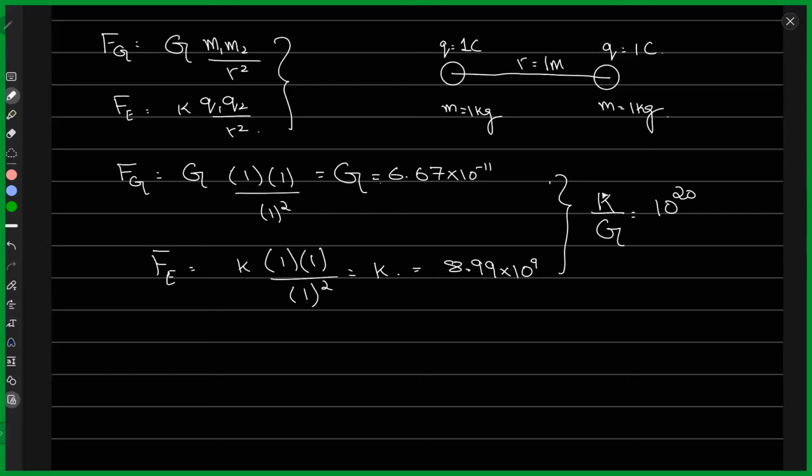That means that the electrical force is 10 raised to the power 20 times stronger than the gravitational force. That's just to give you the idea of how strong the force of electricity is when compared with gravity, right?